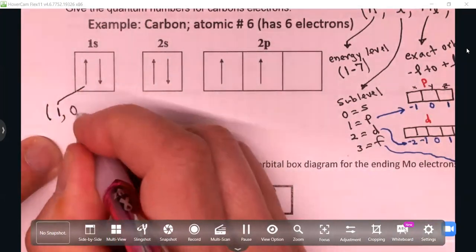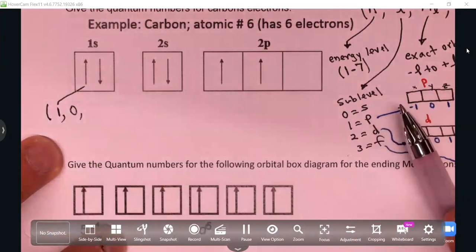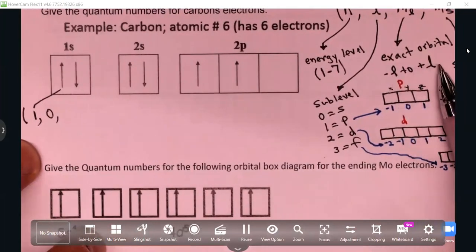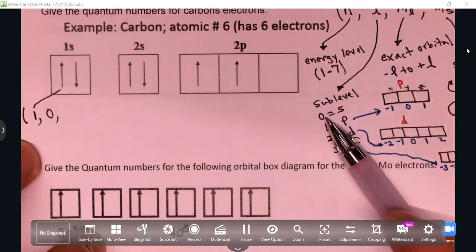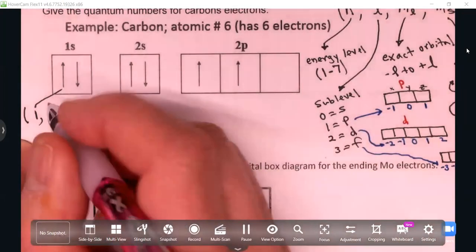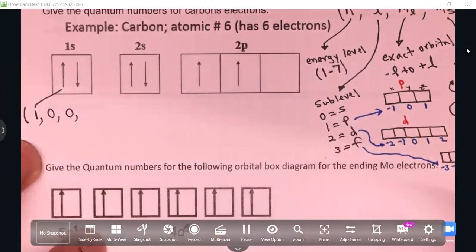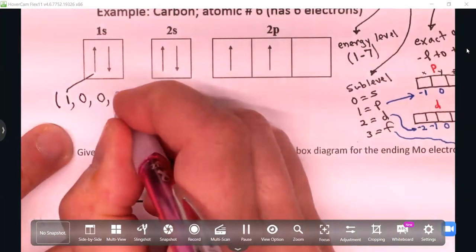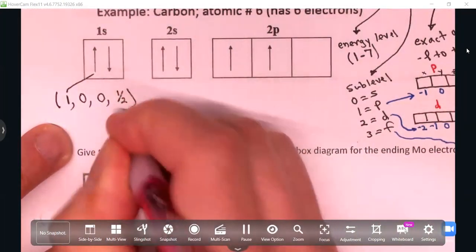The third number tells us the exact orbital, but that third number goes from minus l to plus l. l is 0, so we don't do anything for an s. Minus 0 to plus 0, it's still 0. And the spin with an up arrow is plus 1/2.